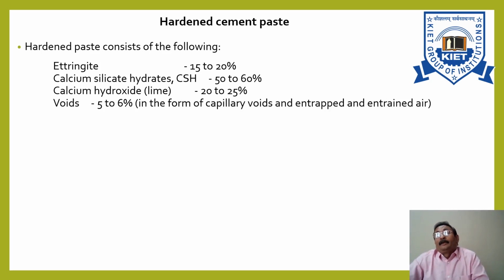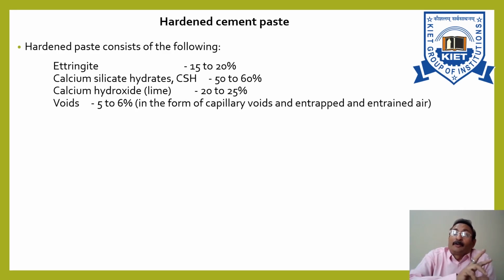So if we understand the role of water for this hydration, then we can understand the chemistry also. Now, tricalcium silicate requires 24% of water by weight of cement, and dicalcium silicate requires 21% of water by weight of cement.